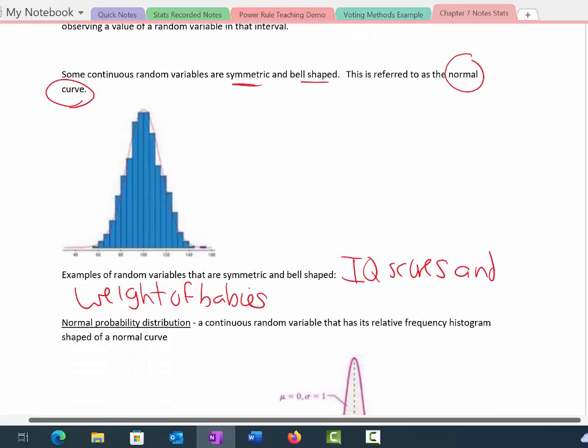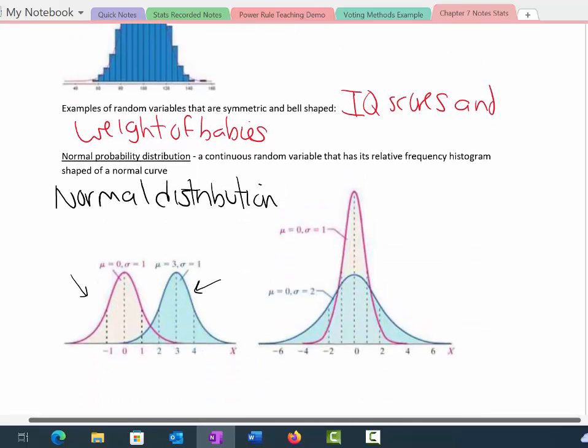A normal probability distribution is a continuous random variable that has its relative frequency histogram shaped as a normal curve, symmetric and bell-shaped. This is also referred to as the normal distribution. And I have provided some examples of normal probability distributions below.